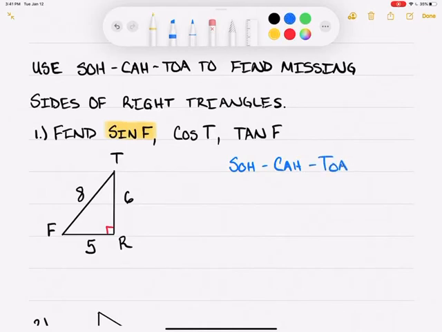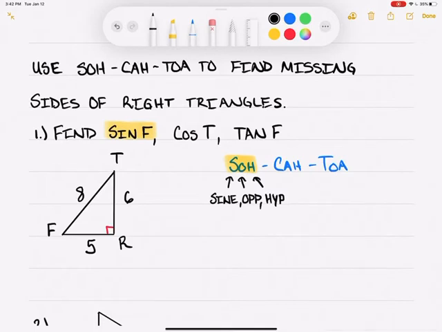Sine right there tells me I need to use SO. SO is made up of sine, an opposite leg, and a hypotenuse. So these are the three things that I'm going to be using.